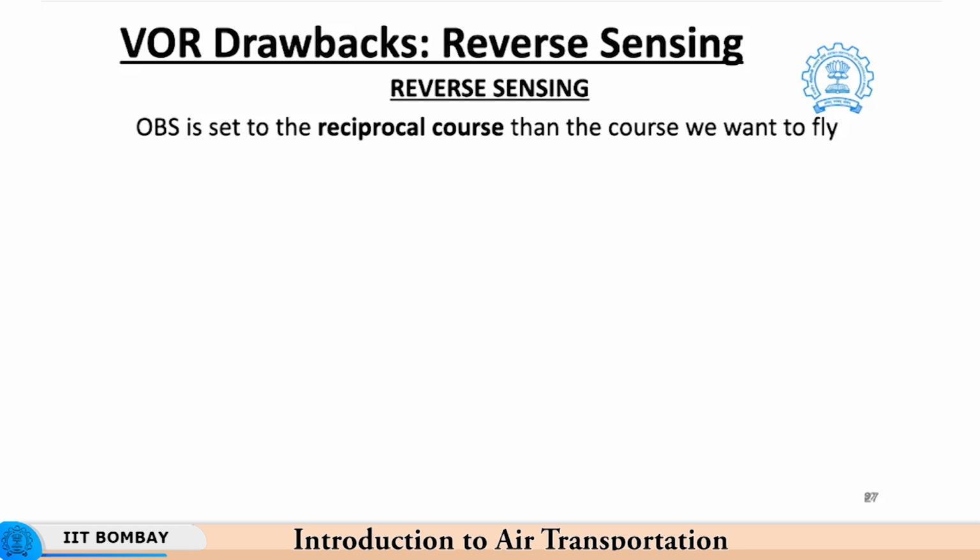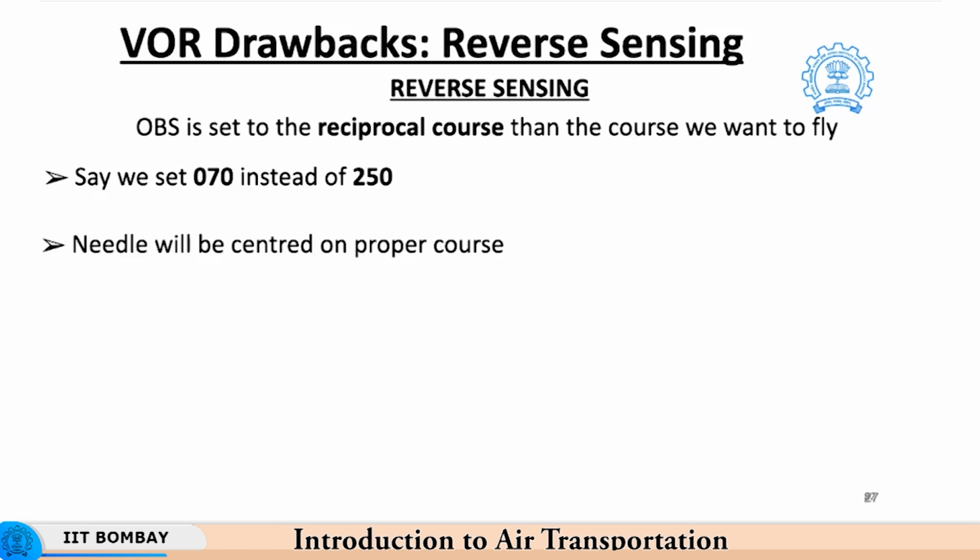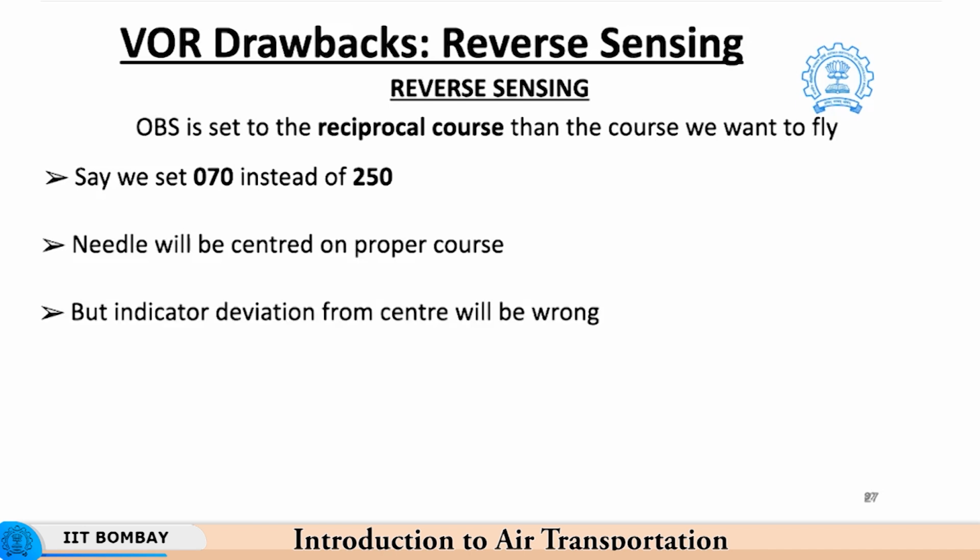For example, he wanted to follow a 250-degree path, but by mistake he has set a course of 70 degrees. The needle will be centered on the proper course. However, the indicator deviation from the center is reversed, so when the plane is on the true course, the CDI will show a particular intersection with the leg.